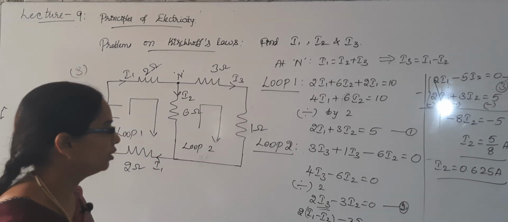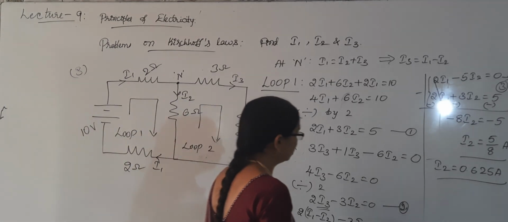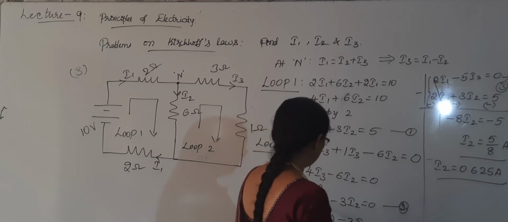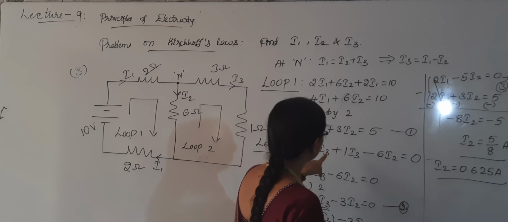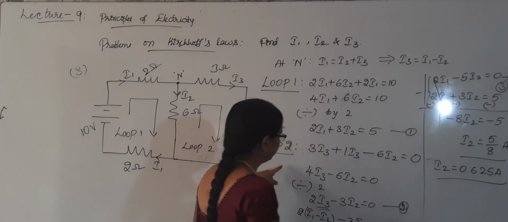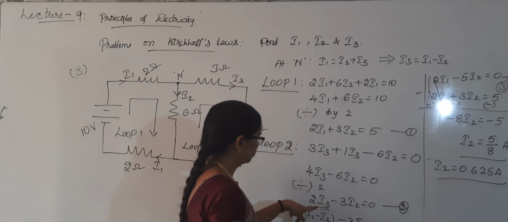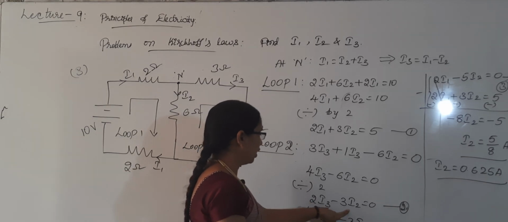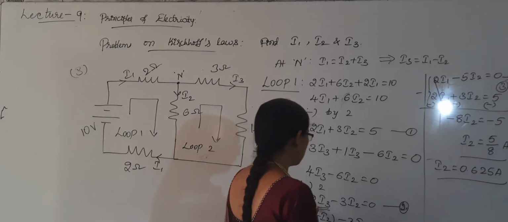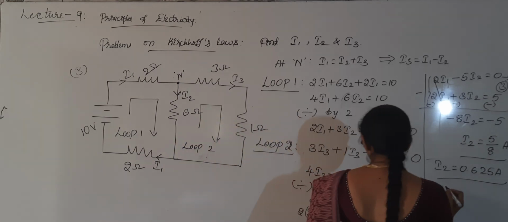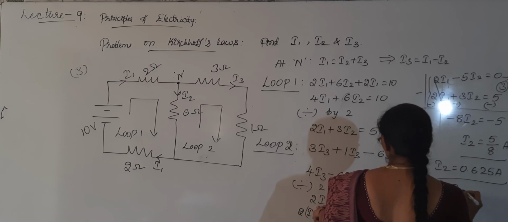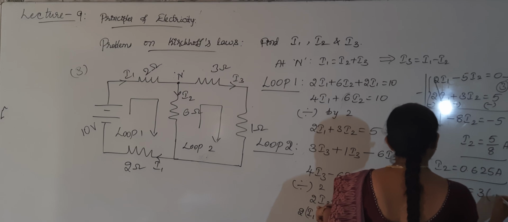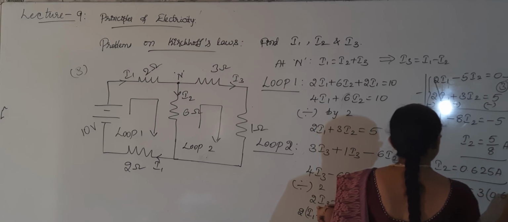Okay, now find out the value of I3. We have got a value for I2. You can calculate for I3 using this equation. 2I3 is equal to 3 into 0.625.